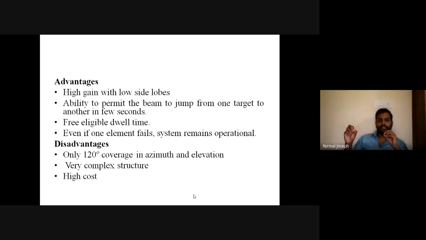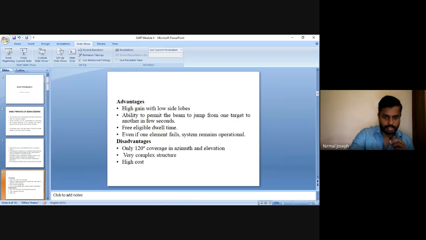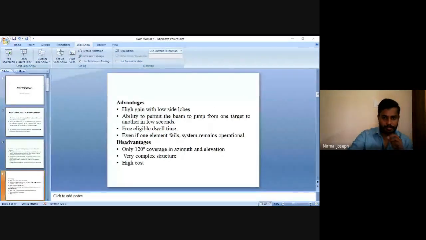Even if one element fails, the system remains operational. Can anyone justify that? How is that possible? I have 10 elements, and I have fed all 10 elements with different phases.